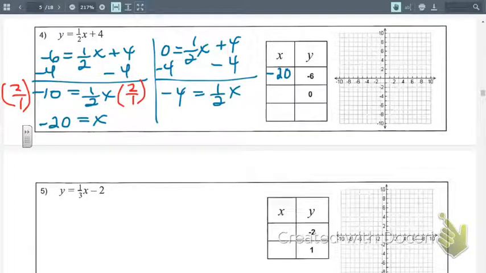Okay, now we're going to multiply again by 2 over 1. So 2 times negative 4 is negative 8. And that equals x.